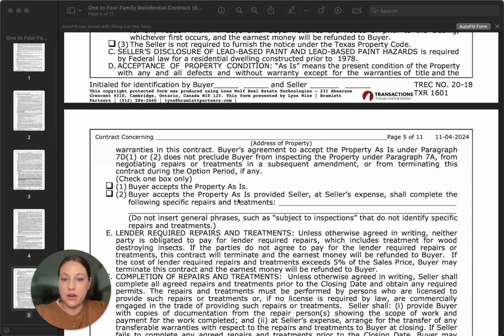People get scared because when we say as is, that doesn't mean that you can't have an inspection, and if the inspection report comes up with something that we did not know before, maybe the AC is bad, the water heater isn't working, then we can negotiate. So this, during your initial offer, when we're initially writing the contract, just means that we're accepting the property as is, as we see it, so everything that's visible.